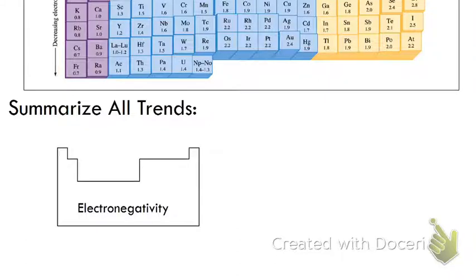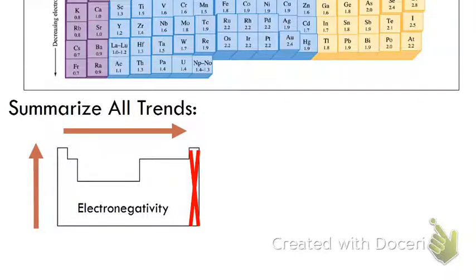So electronegativity, like we said, increases as we go from left to right in the period, in a row. It decreases as we go down the periodic table, so the largest electronegativities are at the top. And as you might have guessed, the noble gases, because this is talking about forming chemical bonds, they don't form chemical bonds. They don't react.